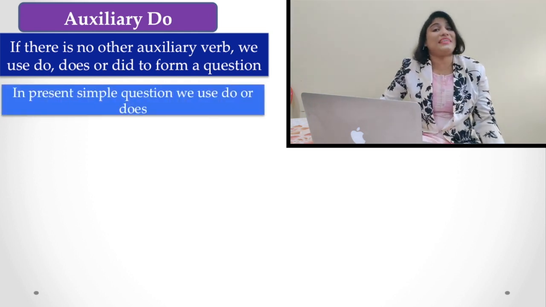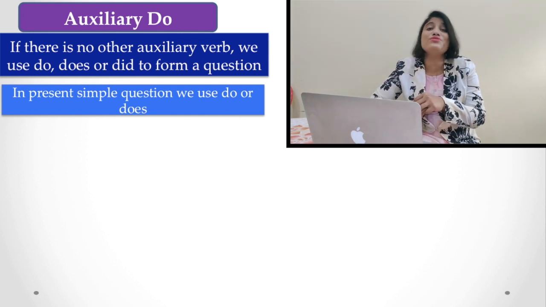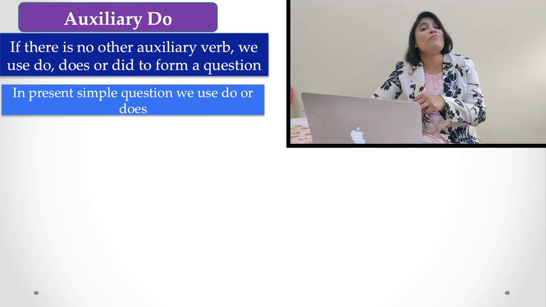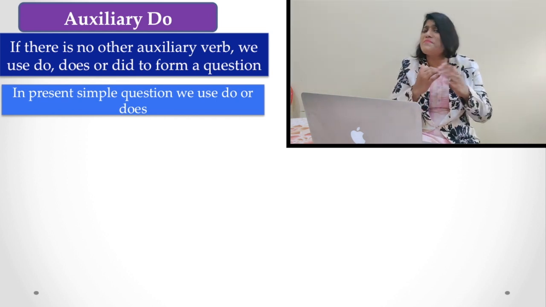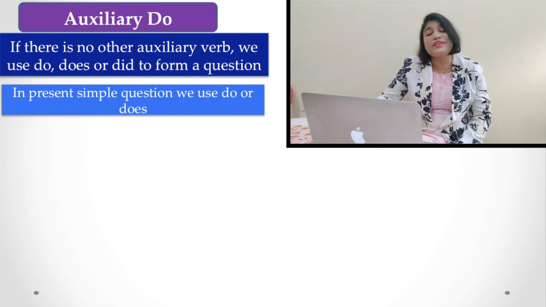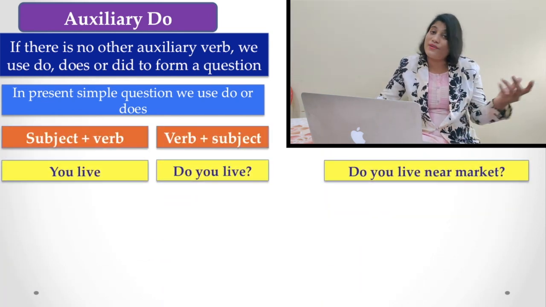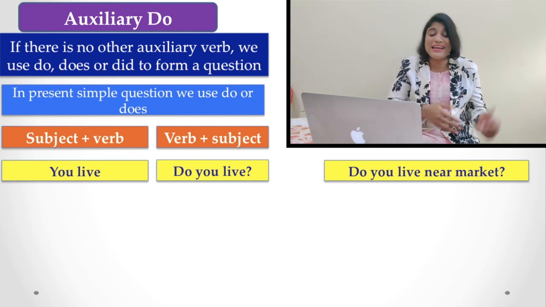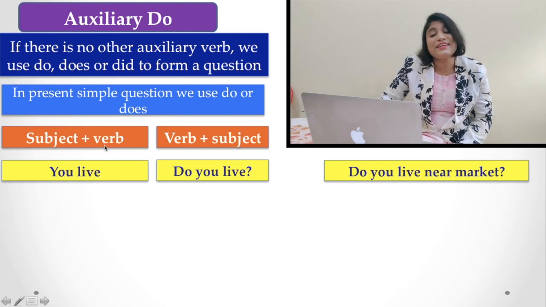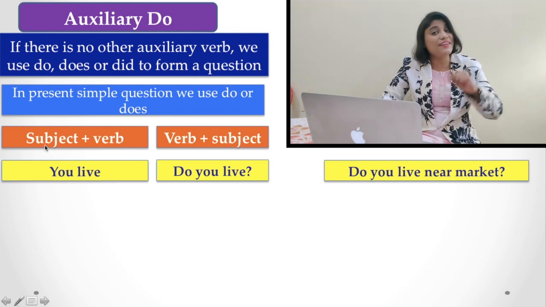In simple present tense, when you are going to ask a question, you have to use do or does. But when it is past tense, you simply use did. Now let's see the examples. Here also, if it is an assertive sentence, as I told you earlier, you put the subject first, then the verb.